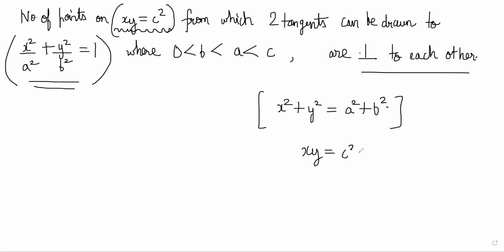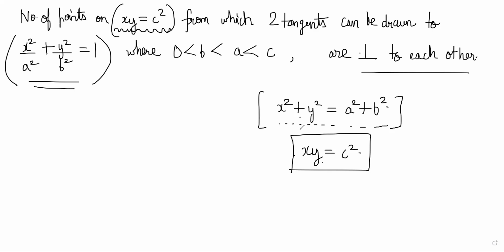But the question says that it also lies on this. So basically we have to figure out the point of intersection of this curve and this curve, which lies on both. Then only it will be on the hyperbola and on the director circle also. Don't try to solve it directly because you'll get a fourth degree equation.